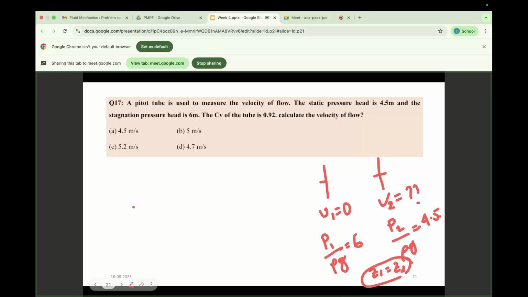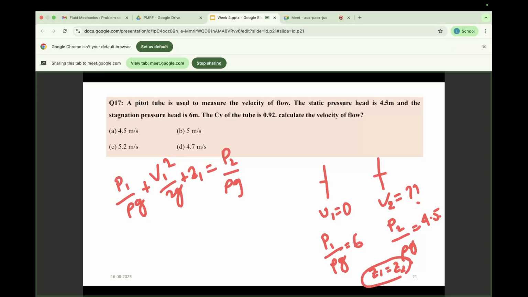So if I apply this Bernoulli's equation, what will I get? P1 by rho g plus V1 square by 2g plus Z1 equal to P2 by rho g plus V2 square by 2g plus Z2. So that will be the thing.